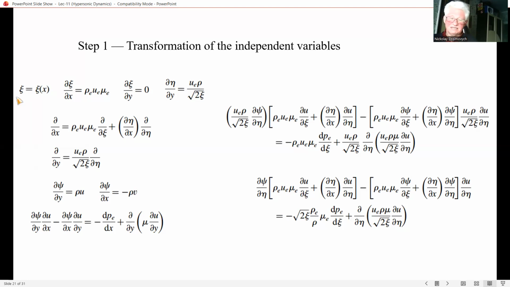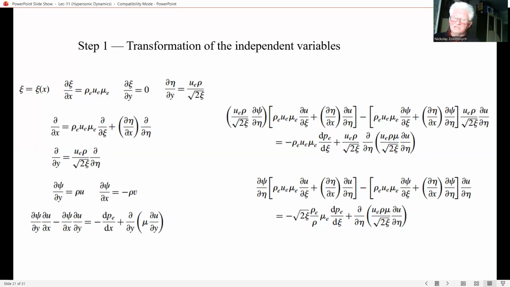zeta and eta. Here we have some expressions with rho_e, u_e, and mu_e, which are the density, velocity, and viscosity coefficients, respectively, at the edge of the boundary layer. So e means edge.